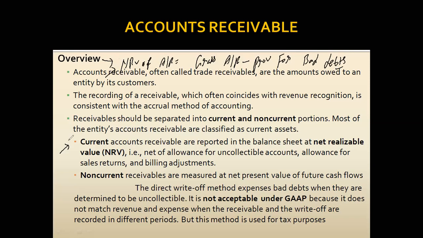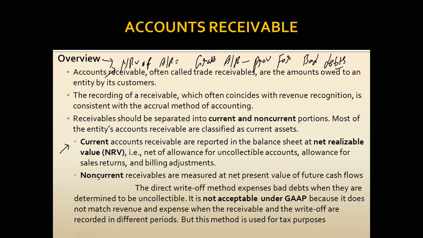Here we mainly talk about current accounts receivable, because non-current receivables are not in this syllabus. We will mainly deal with current receivables, how to calculate the different kinds of allowances, and how to record different accounting entries.